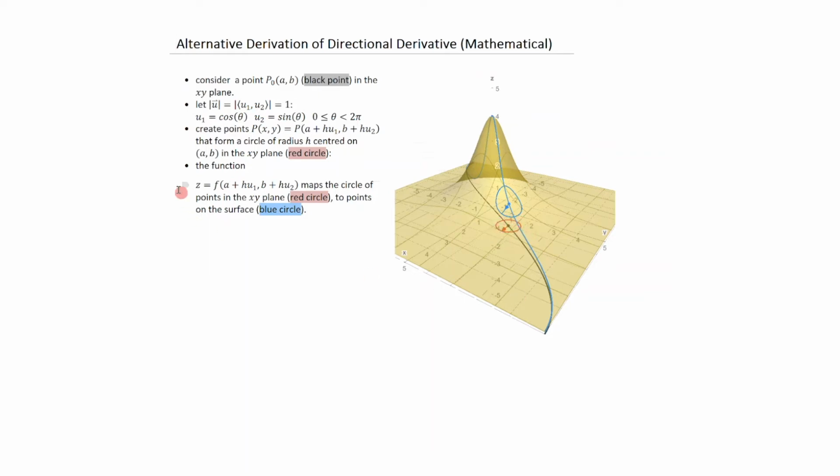The pre-multiplication term that you see here, h, would be the radius. So if you increase h, you increase the radius. But more or less, all you're doing with this is tracing out the points that you see here. Now, when traced out on the z, in other words, you take this for the x component, this for the y component, and compute z, then you're tracing out the blue line that you see, which is on the surface.